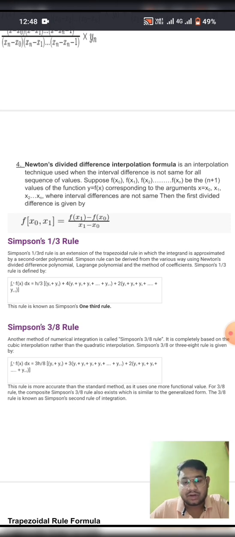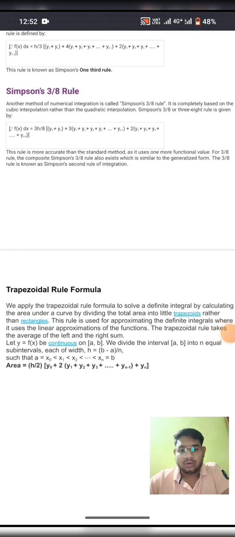Simpson's 3 by 8 rule. Another method of numerical integration is called Simpson's 3 by 8 rule. It is completely based on the cubic interpolation rather than the quadratic interpolation.